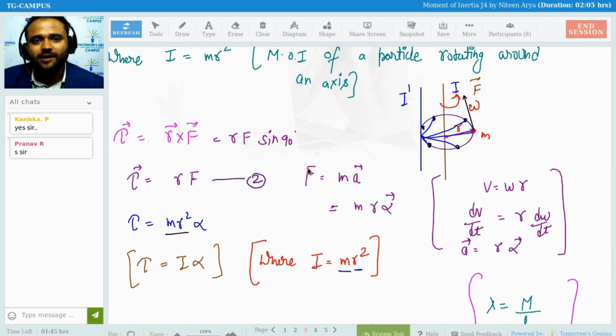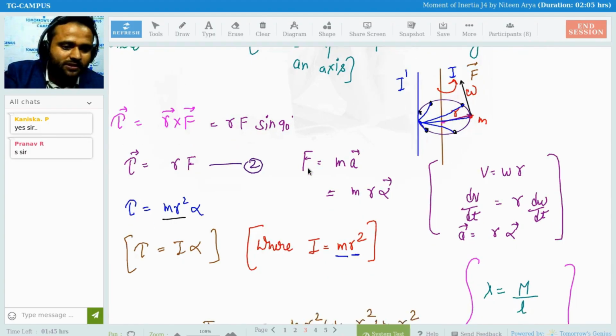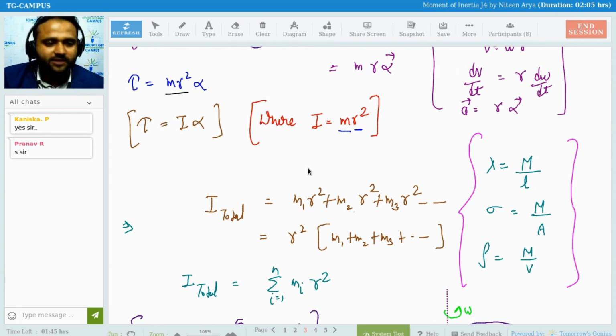Clear? So choosing an axis is an important thing, and you are going to see in the coming slides how it changes. It also changes with the type of body, and that is why I gave you this. For example, for linear mass density, dm is going to be rho dr, one thing only.